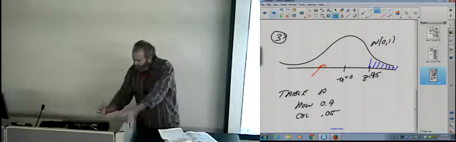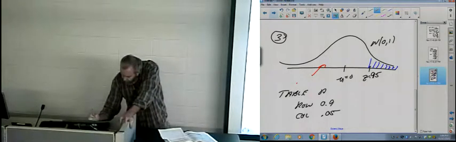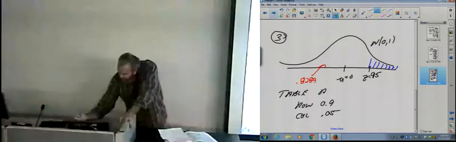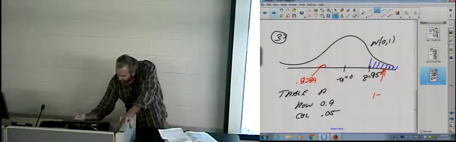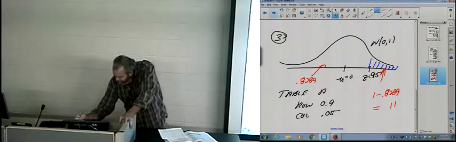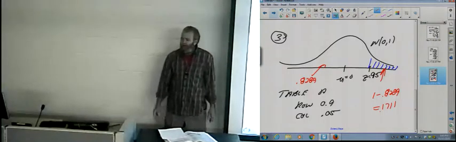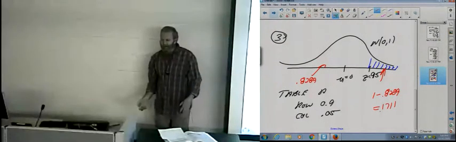What did you get, Marcus? 0.8289. If you want the right, you take 1 minus 0.8289, which is, what is that? 0.1711 or something like that. You're looking to the right, so you have to subtract from 1.